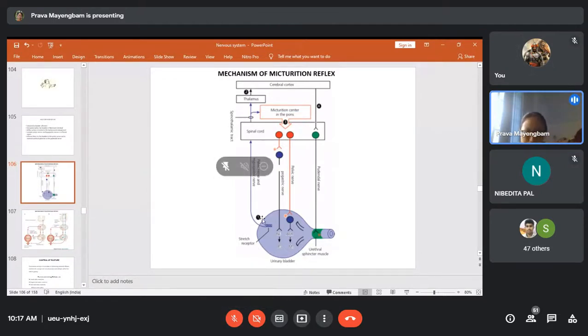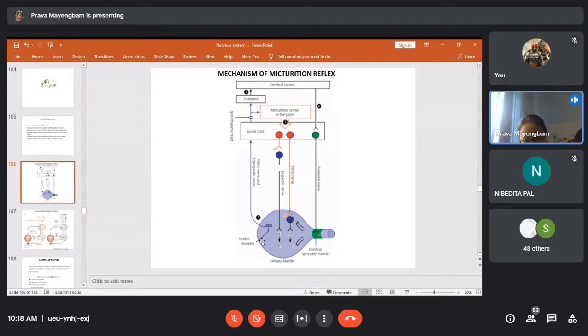So in this figure, the balloon-like structure is showing the urinary bladder. This will be the upside and this will be the down, facing towards the urethra. This is the opening of the urinary bladder, that is the urethral sphincter muscle.